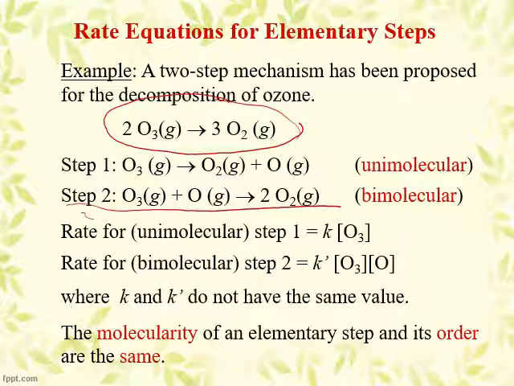This is the rate law for step 1, and this is the rate law for step 2. Note that the rate constant is written as K and K prime, so they are not the same in terms of value.